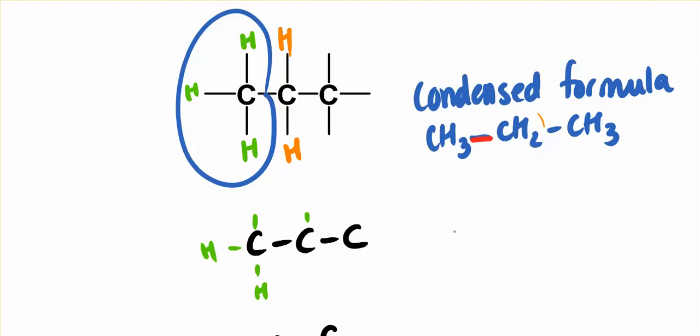Sometimes we shorten that a little bit more and not show the bonds. If there's a double bond, we will show that. A double bond would look like an equal sign. But if there's no bonds shown, you can assume that they're single. Writing the condensed formula makes it simple if you're entering on a computer. You don't have to get out the draw tools and stuff to do that.